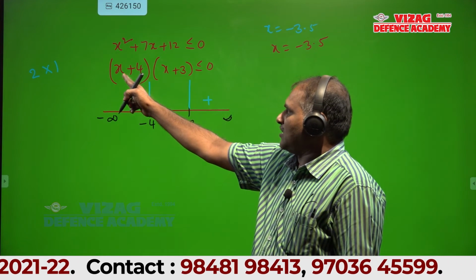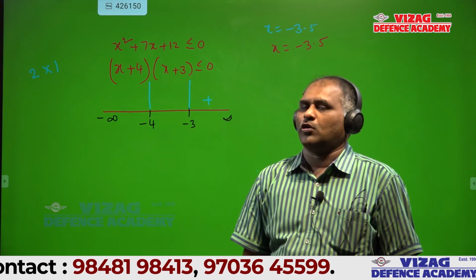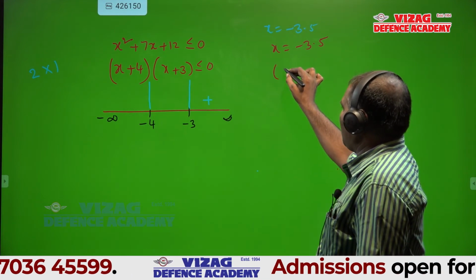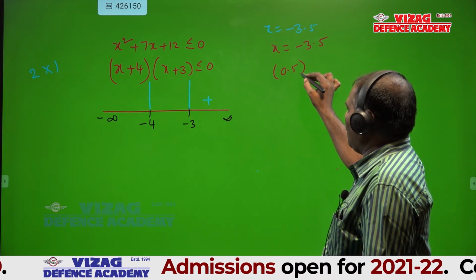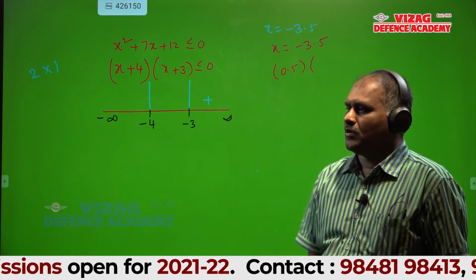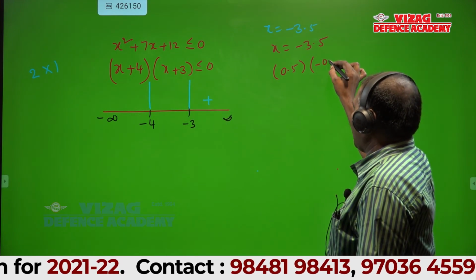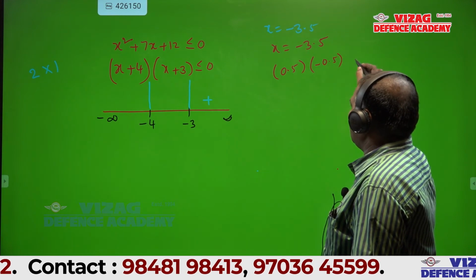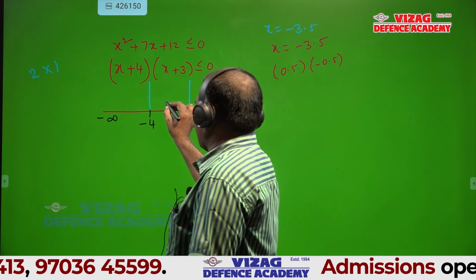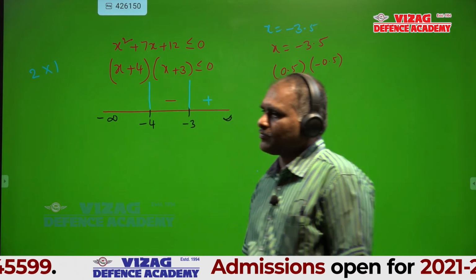What is minus 3.5 plus 4? 0.5. Then 0.5 into minus 3.5 plus 3, which is minus 0.5. That is minus 0.25, negative. That's why I wrote negative.